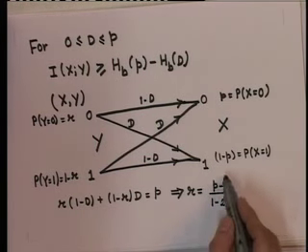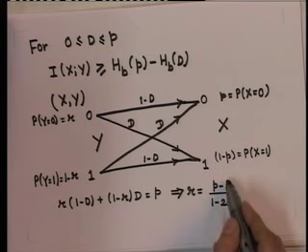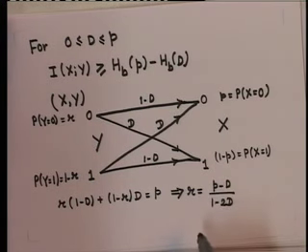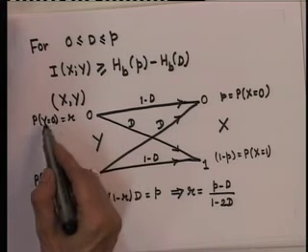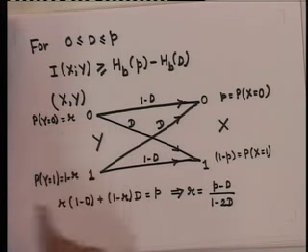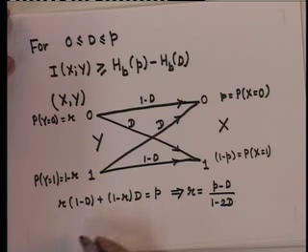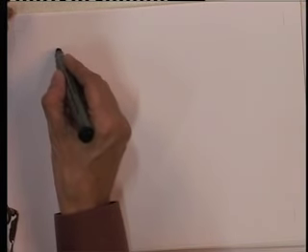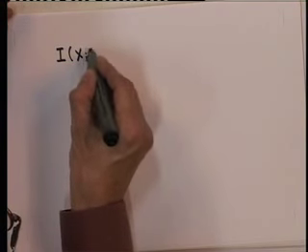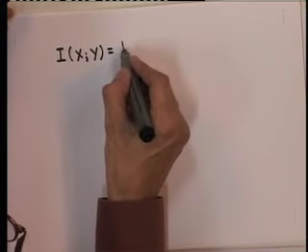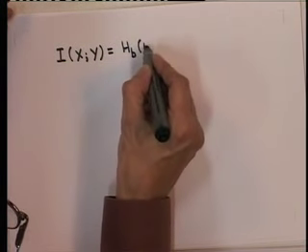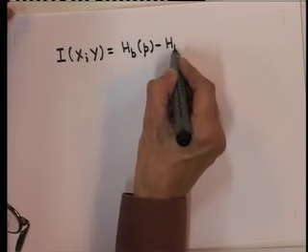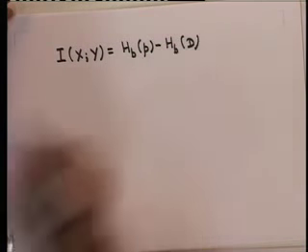Now, if d is less than or equal to p, which is less than or equal to half, then the probability of Y equal to 0 is greater than or equal to 0, and the probability of Y equal to 1 is also greater than or equal to 0, and we then have mutual information equal to h_b(p) minus h_b(d).